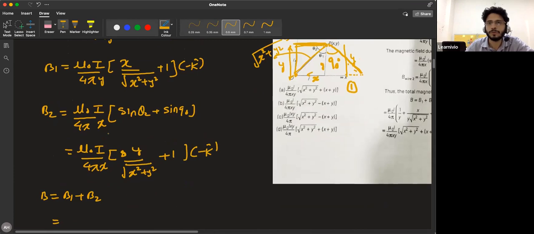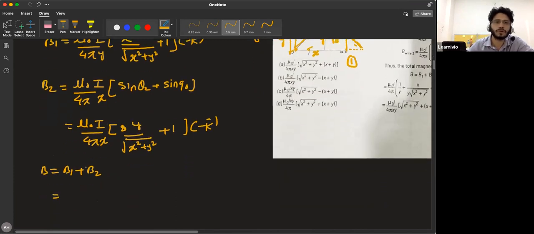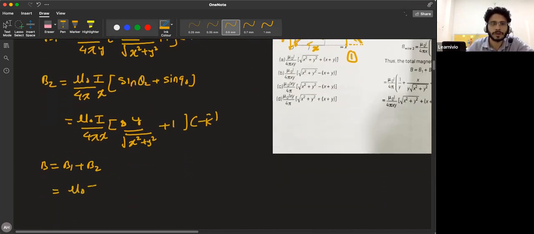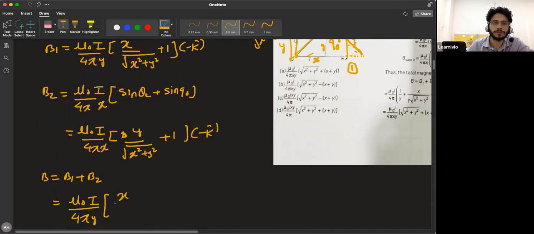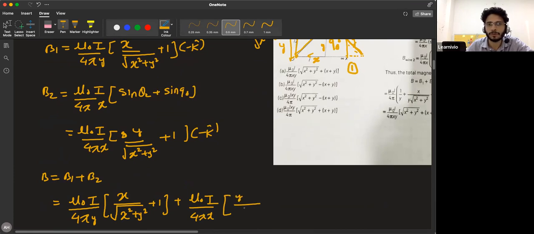When you add them up, you will get mu naught I by 4 pi y, x by root over x square plus y square plus 1, plus mu naught I by 4 pi x, y by root over x square plus y square plus 1.